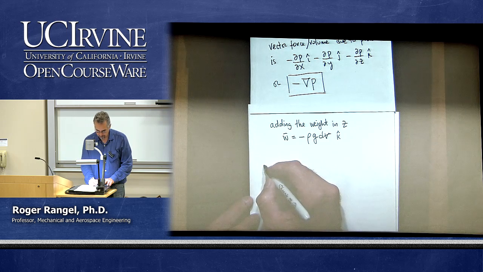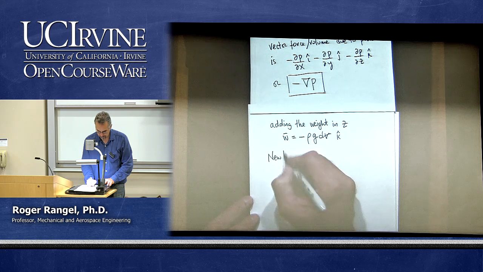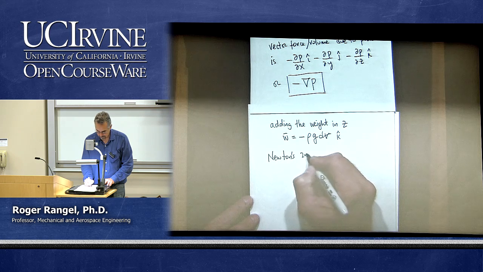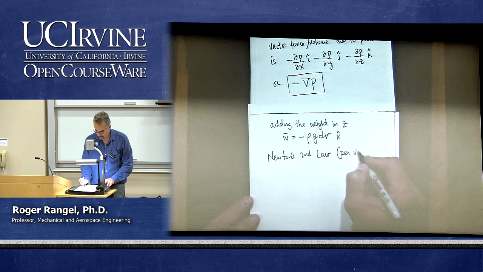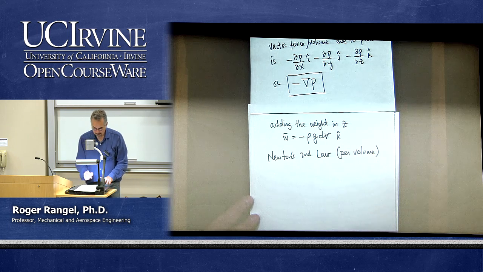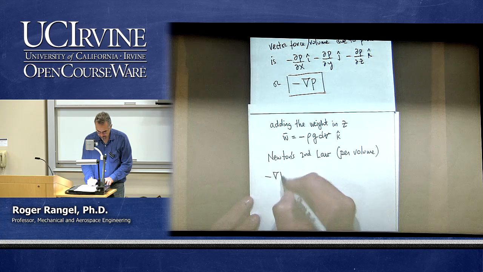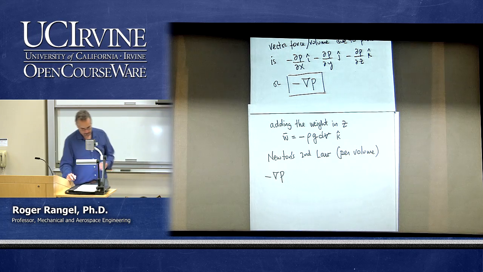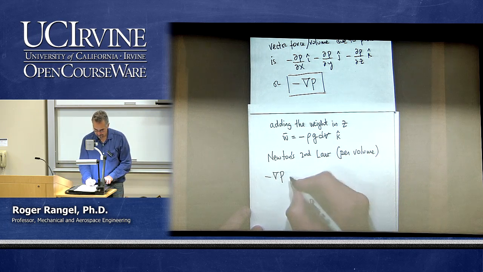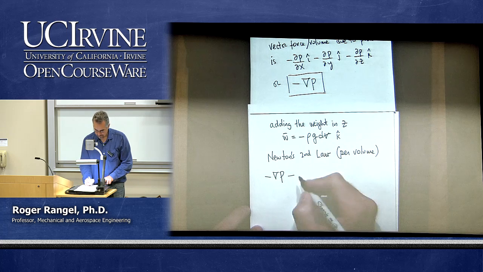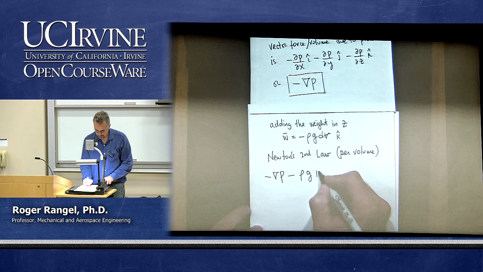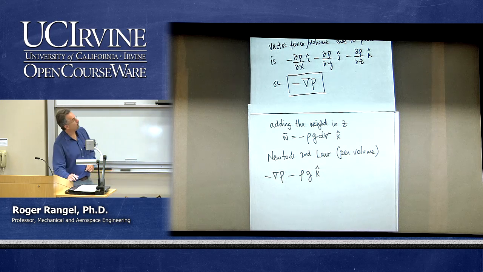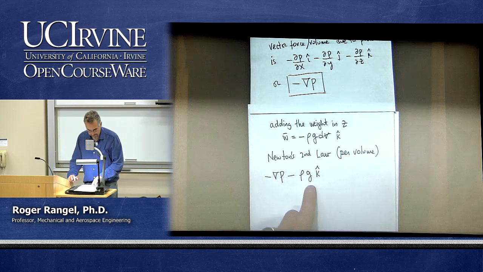So if we have that force added to this, then Newton's second law per unit volume is minus gradient of P, which represents the pressure forces. Then I have to add minus rho g k for the weight per unit volume.